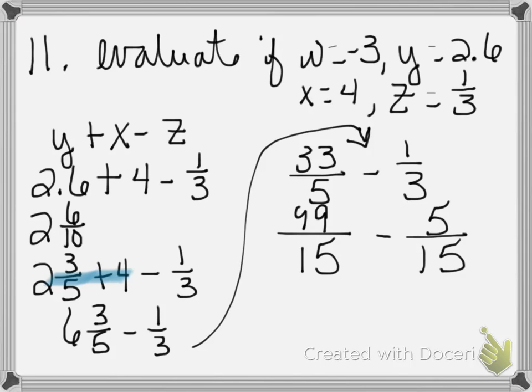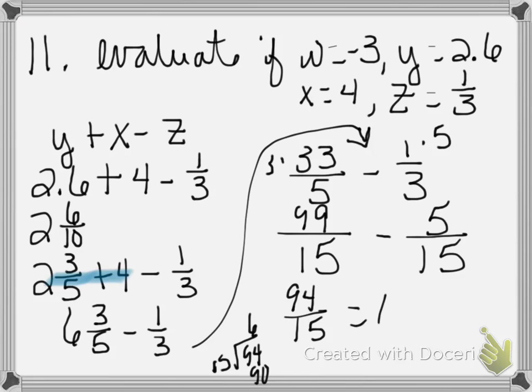Rename my numerators. I had to multiply 5 by 3 to get 15, so I'm going to multiply 33 times 3 and get 99. In the other denominator, I had to multiply 3 by 5, so I'm going to multiply 1 times 5. 99 minus 5 is 94 over 15. I'm going to go back and put that back into a mixed number. 15 goes into 94 6 times with 4 left over. So my answer is 6 4/15.